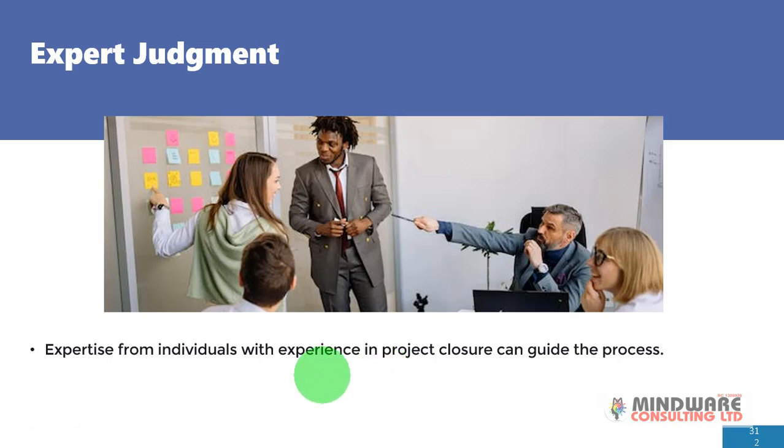So before you close your project, you have to get the expertise from your subject matter experts and other members of your team who are experienced in project closure. Their input is going to help to guide you, the project manager, throughout the process.